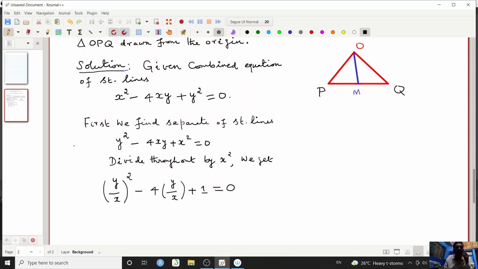So we are dividing this equation y square minus 4xy plus x square is equal to 0, both the left hand side and the right hand side, by x square.